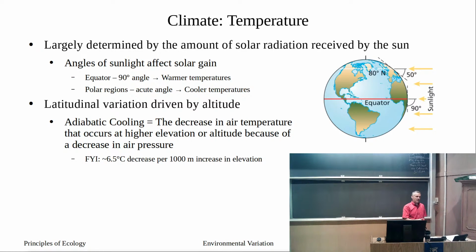And the reason we get cooler with altitude, even though we're getting closer to the sun and should have more intense solar radiation, and we do, you'll burn a whole lot faster the higher up you are, is adiabatic cooling, which is a decrease in air temperature due to pressure.